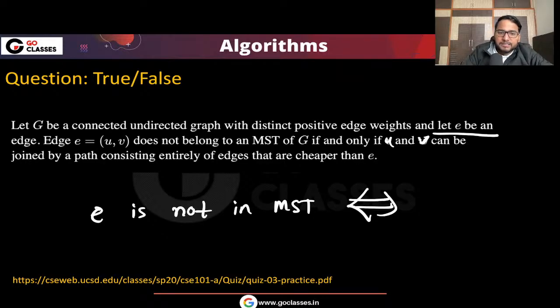So they are saying that there is an edge E between U and V. That is not in an MST if and only if you have some other path connecting U and V, entirely, okay.